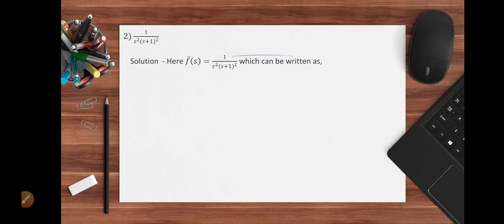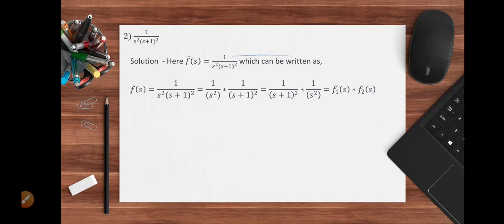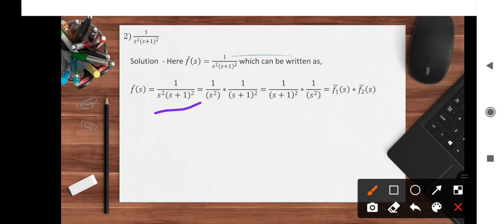Now you have to write this function as a product of two functions of s whose inverse can be easily obtained. Now see here, 1 upon s square into (s plus 1) bracket square can be written as 1 upon s square into 1 upon (s plus 1) bracket square. As we know that the product of two terms is commutative, means we can change their sequence.